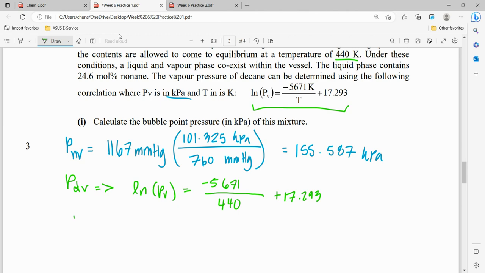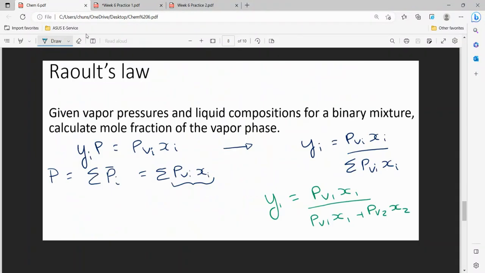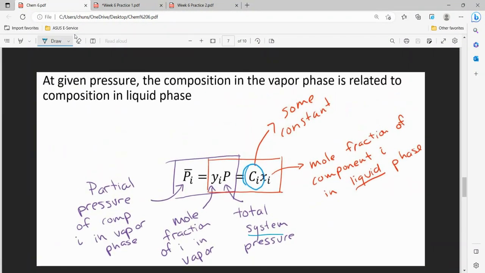Using our log rules, this becomes negative 5,671 divided by 440 plus 17.293, as the exponent of e. And this gives us 81.807 kilopascals.